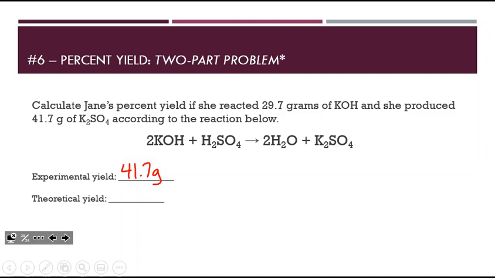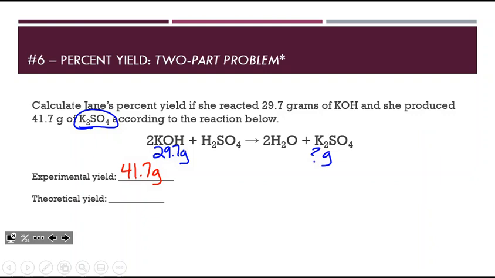It's one of the reactants, right? What are we looking for here, though? We're looking for how much of the potassium sulfate has been produced. So now, guess what we get to do? Figure out, if everything's perfect, how much potassium sulfate should get produced.